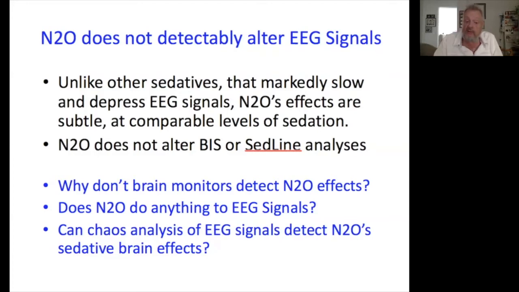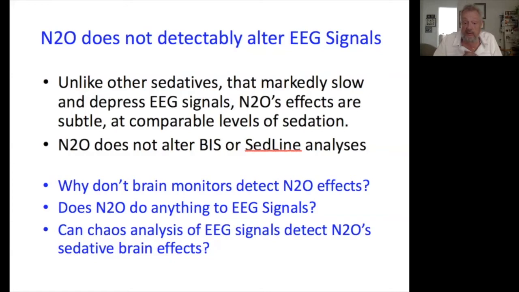And then I'm going to talk about a relatively new kind of analysis of EEG signals that was first developed by Stu Hameroff back in the late 80s. He was one of the first people to bring a computer into the operating room and record EEG signals of patients undergoing anesthesia. We've refined that technique.